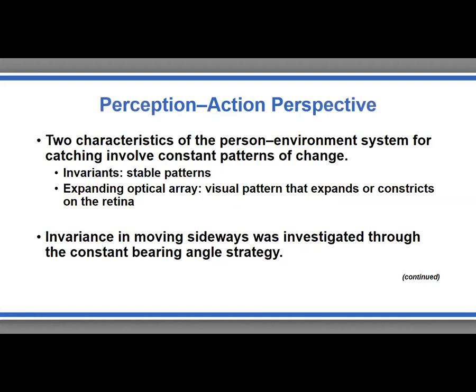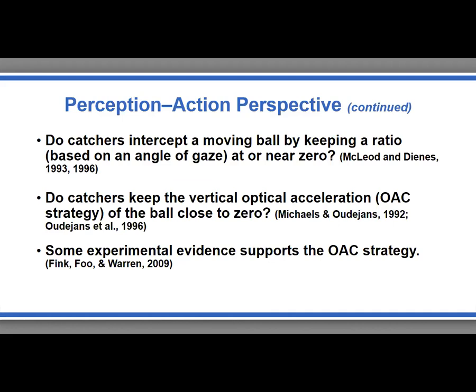Perception action perspective. Two characteristics of the person environment system for catching involve constant patterns of change: invariant stable patterns, expanding optical ray visual patterns that expand or constrict on the retina. And invariance and moving sideways was investigated through the constant bearing angle strategy. So again, if you want to do real world, you've got to have folks moving around.